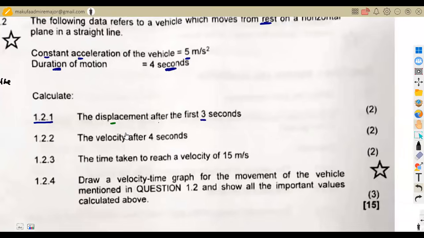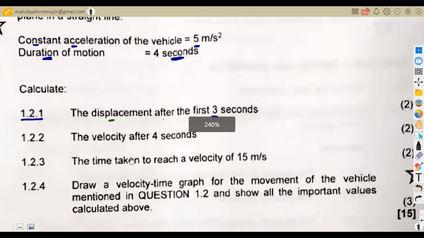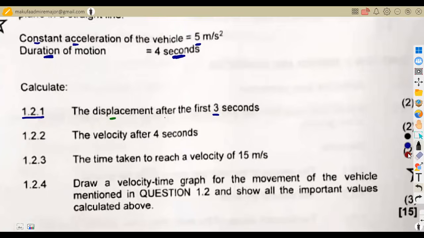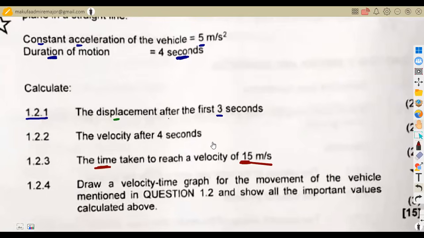All right, now we want the time to reach a velocity of 15 meters per second. This time they gave us the value of v, the final velocity. What we need is the time that corresponds to this velocity of 15 meters per second. So what does it mean? We simply go back to our formulas.